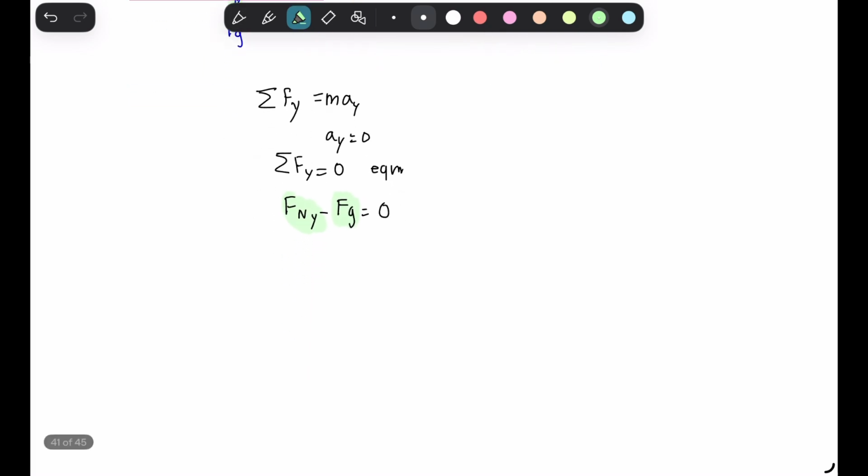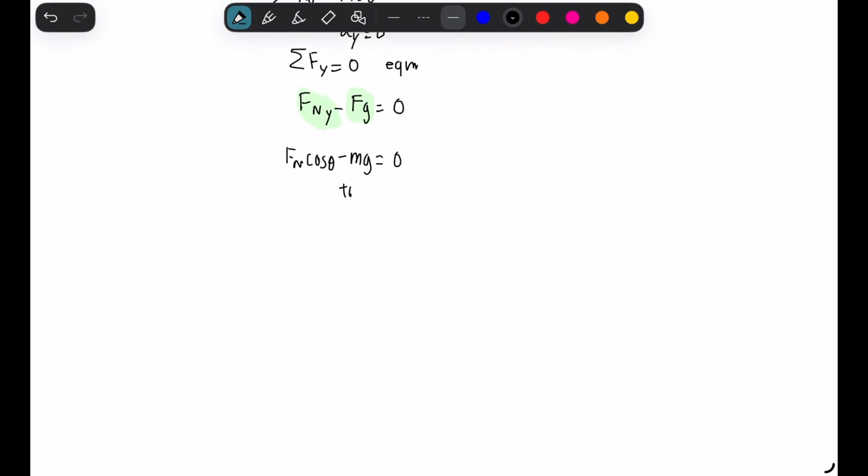If you substitute, Fny is equal to Fn cosine of theta, and Fg is equal to mg, and that equals 0. If you add mg to both sides, you get that Fn cosine of theta is equal to mg. If we solve for Fn, then Fn is equal to mg divided by cosine of theta.